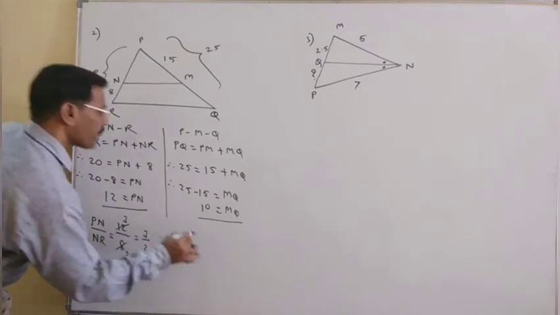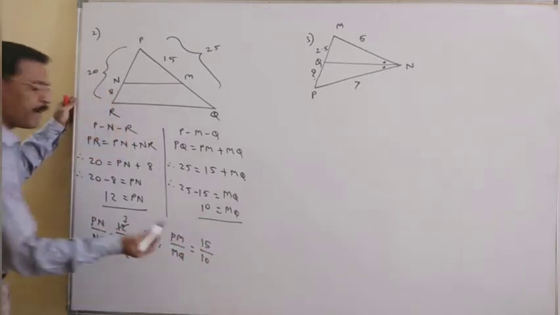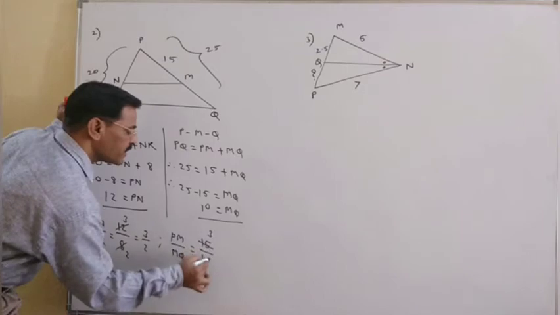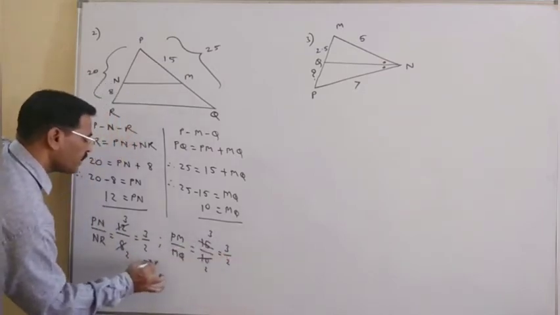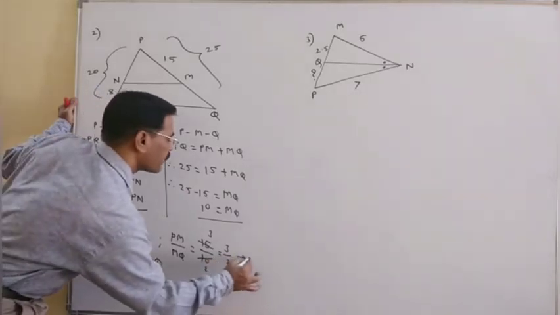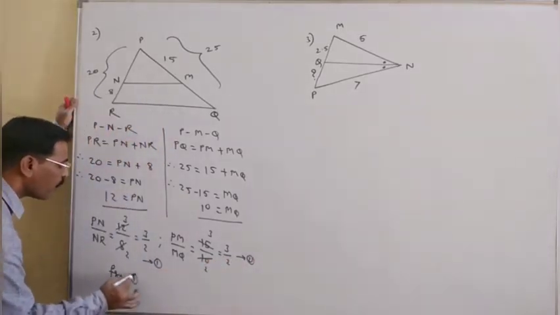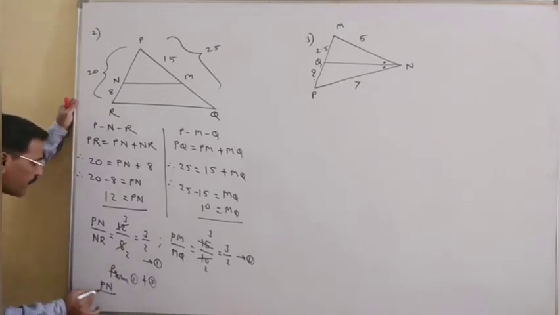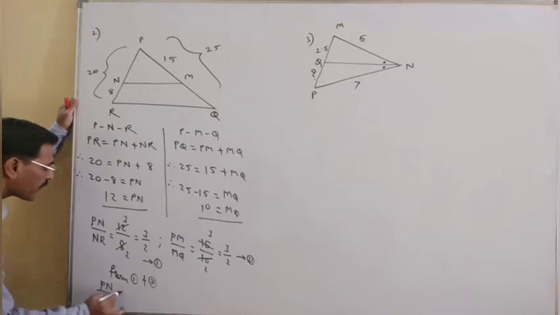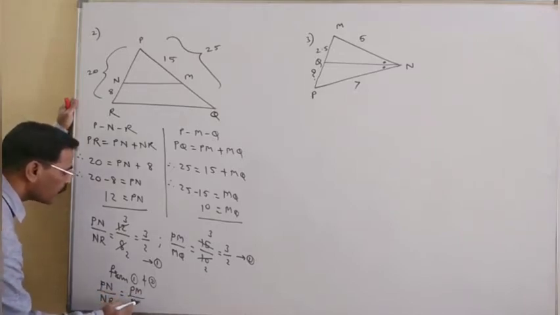So that is 15 upon 10. Again both these are divisible by 5. 5 threes, 5 twos. So 3 by 2. Now look here, this is equation number 1, equation number 2. So from 1 and 2, both these ratios are the same. PN upon NR is equal to PM upon MQ.